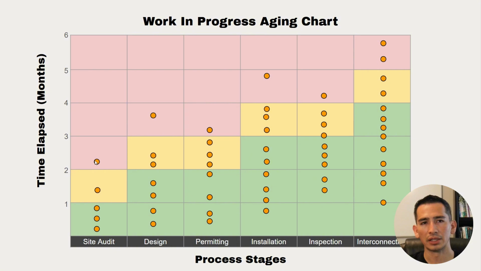If I can intervene in this project and get it through design and permitting quickly, I'll be back in the yellow and potentially back in the green by the time it gets to installation. You'll do that through all the projects in the red zone, yellow zone, and then even these green projects that are on the cusp of getting into the yellow zone. Anything beyond that is progressing pretty quickly and doesn't need intervention.